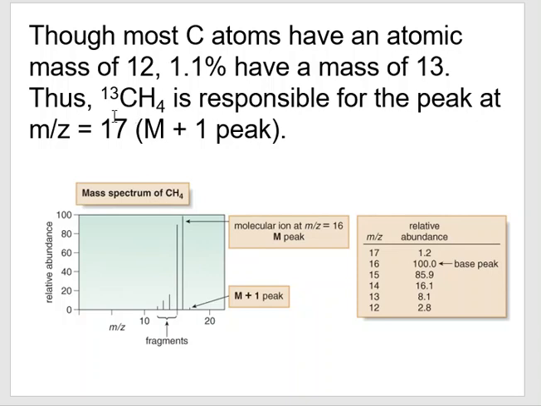But a small percent of carbons, 1.1%, have a mass of 13 instead of 12. And so if you look to the right here, you have this very small peak, 1.2 percent, which is a methane that has a C13 in it instead of a C12.